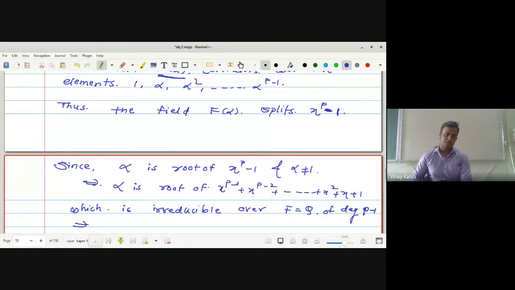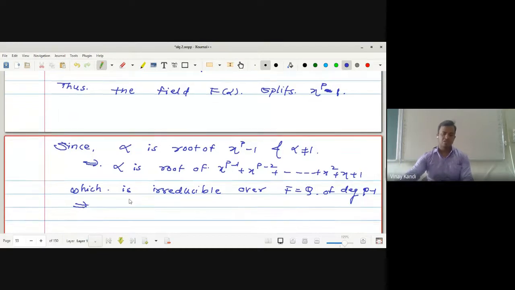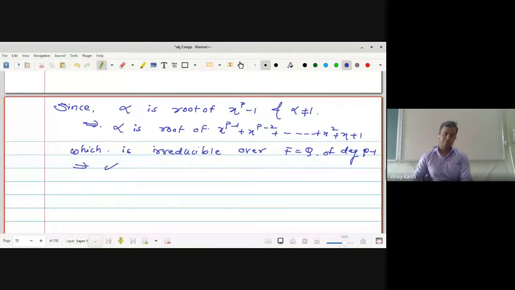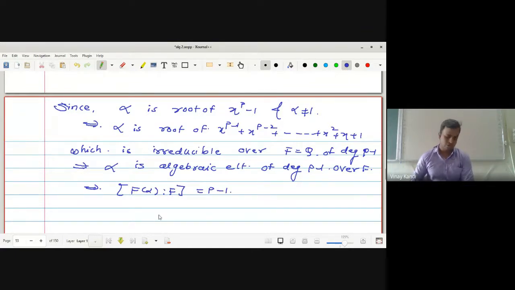This implies alpha is an algebraic element of degree p minus 1 over the field F, that is the field of rational numbers. So this implies the degree of F of alpha over F is equal to p minus 1. Okay, any doubt?